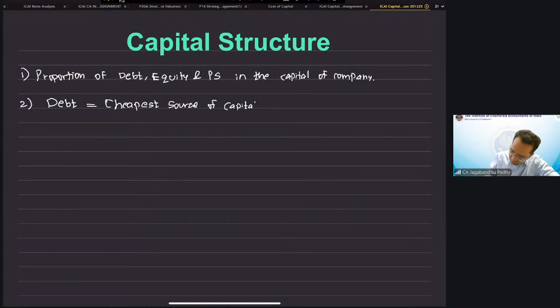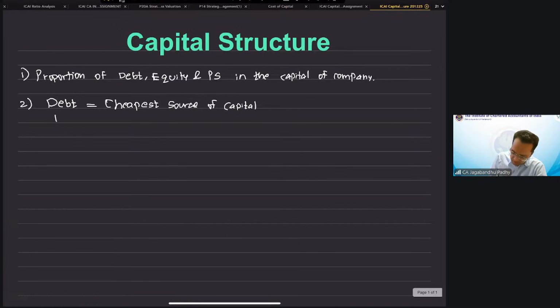Debt is going to be the cheapest source of capital because debenture holders are not taking much risk. They do have risk, but the risk quantum is substantially lower when you look at equity.